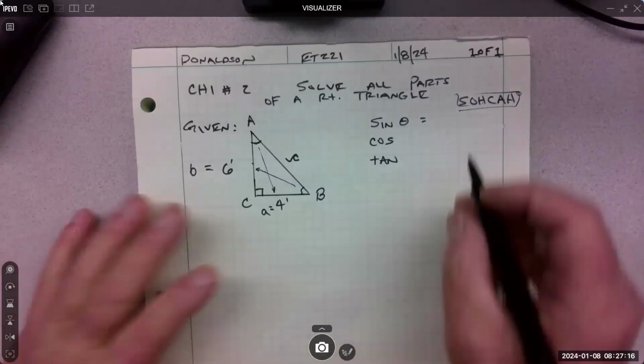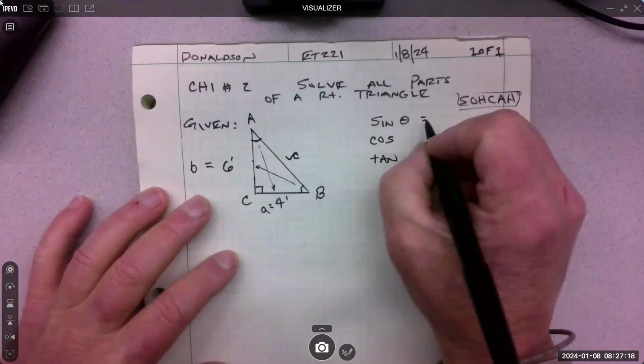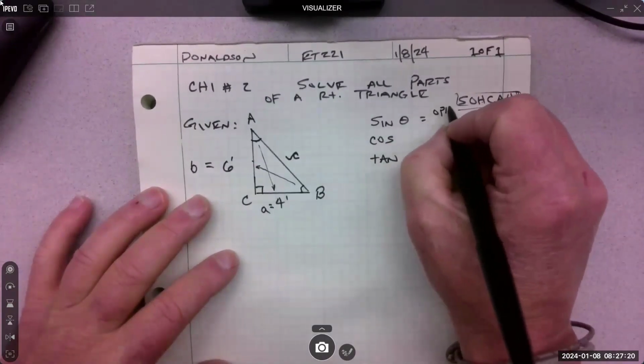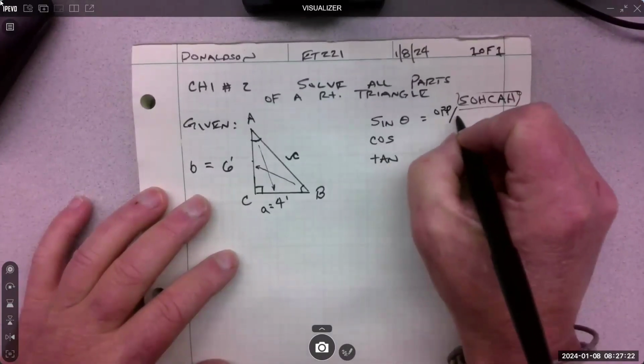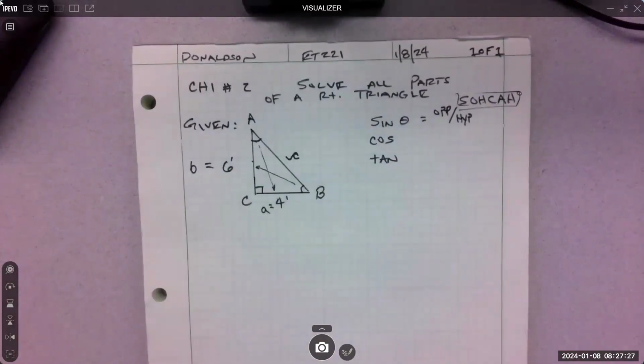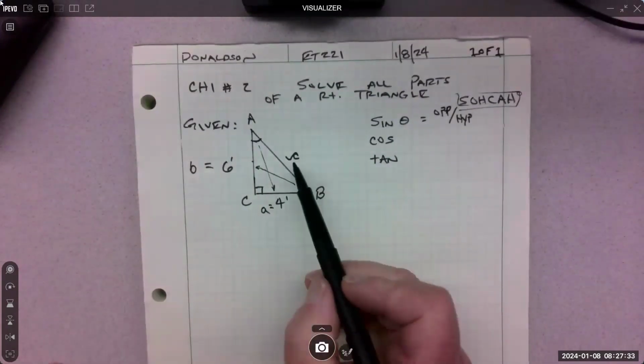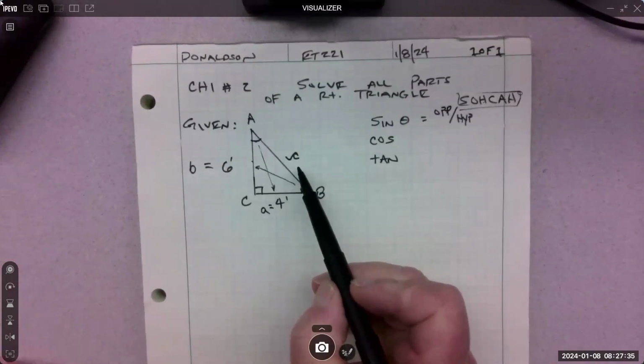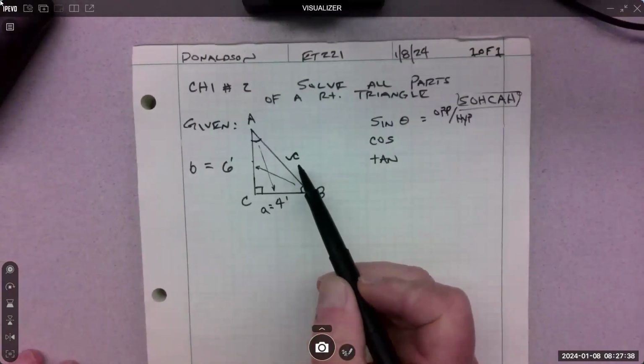So sine is opposite over hypotenuse, correct? What's the hypotenuse? The long side across from the 90, right? So it's C. That's the hypotenuse. Longest.